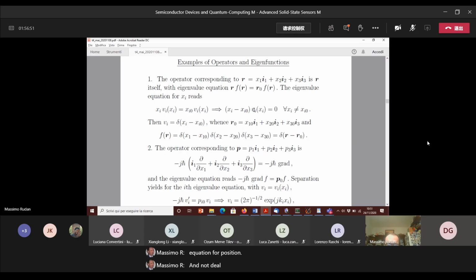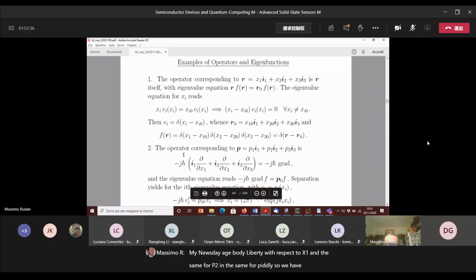Another example is the example of momentum, because also momentum is a vector. So the second example is that we see that momentum can be expressed as the sum of three blocks, okay? So the operator associated to this vector is the sum of the three operators, because we have to replace piece by piece. We replace P1 with minus j h bar derivative with respect to x1, and the same for P2 and P3.